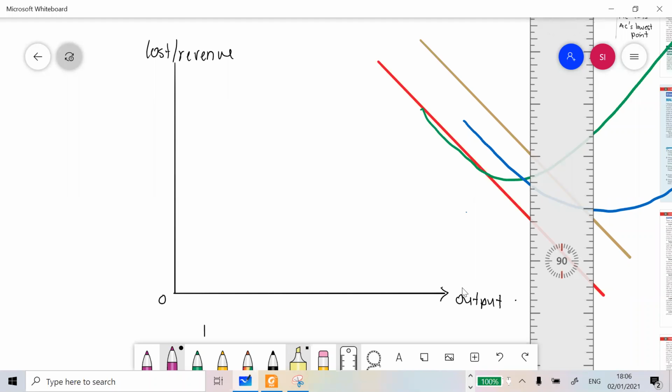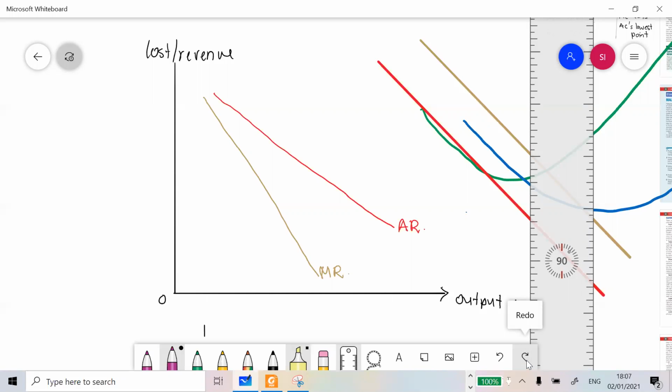Now we are going to draw the curves for a perfectly competitive market, and we're going to show how a firm is gaining abnormal profit. First of all, let's draw the marginal revenue curve. Then we are going to draw the average revenue curve on top.